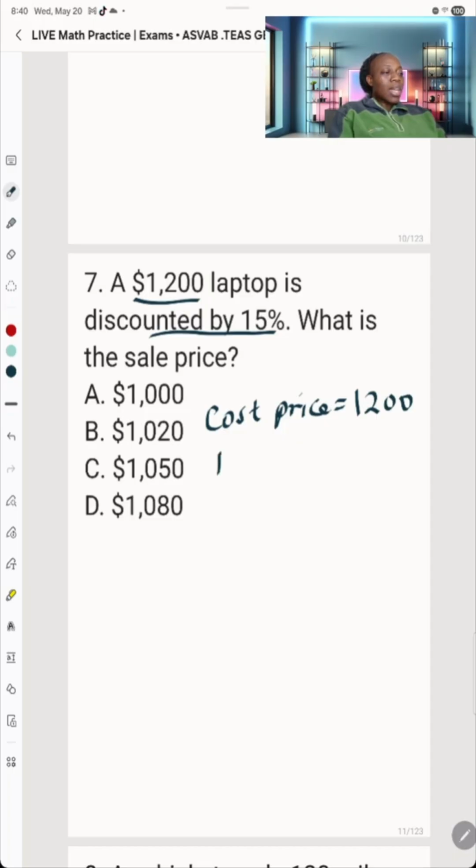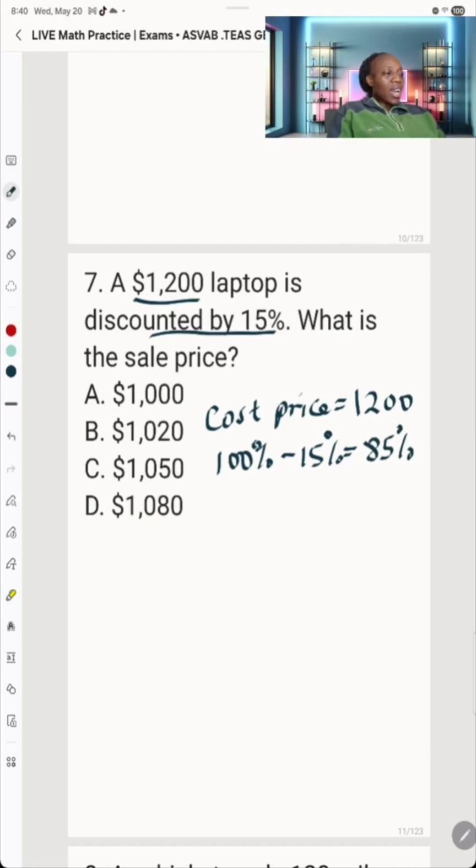If you want to do it, you can find 15%, then subtract it, or subtract the percentage from the beginning. So it can be 100%, the whole thing, minus 15. And what will that be? That is going to be 85. So that will be 85%.